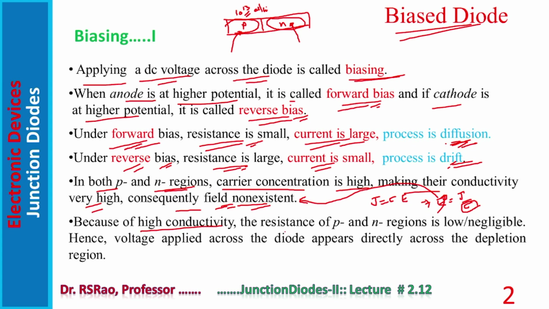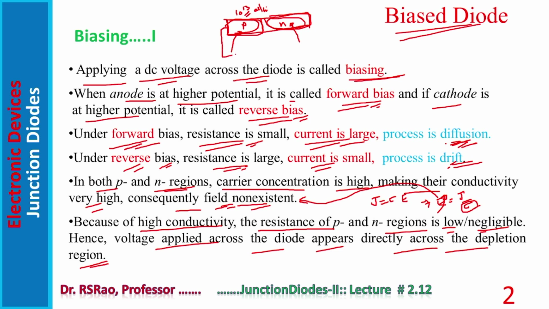Because of high conductivity, the resistance of P and N regions naturally is low. Conductivity is very high. Resistance naturally becomes low or negligible. Hence, voltage applied across the diode appears directly across the depletion region. Here what he says is, as the conductivity of P region and N region is very high, resistance becomes very small, negligible.